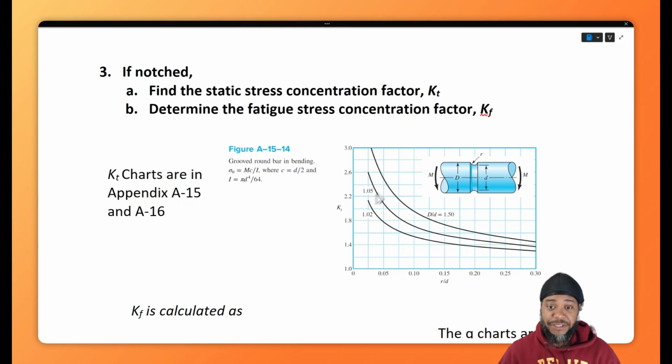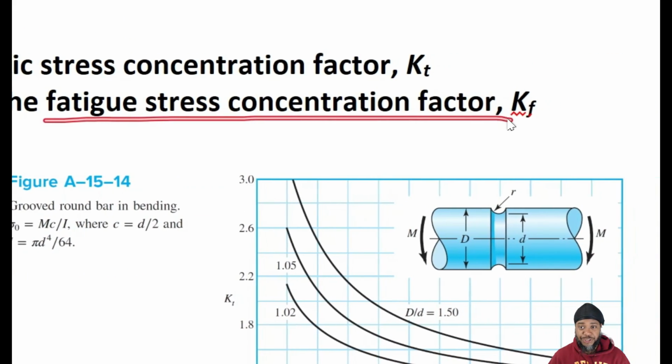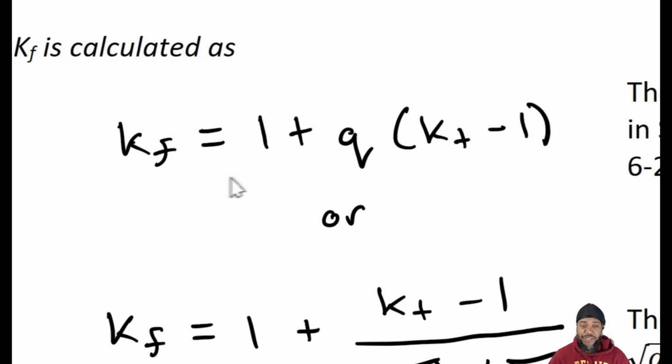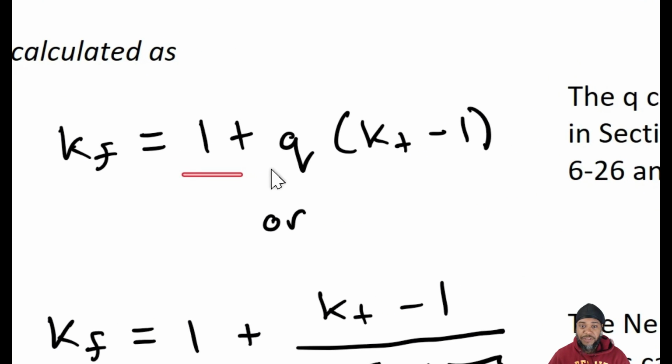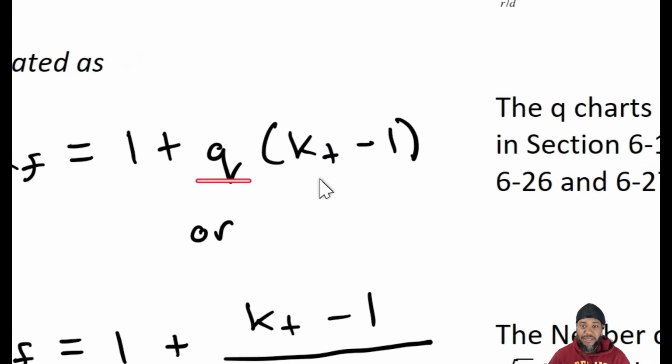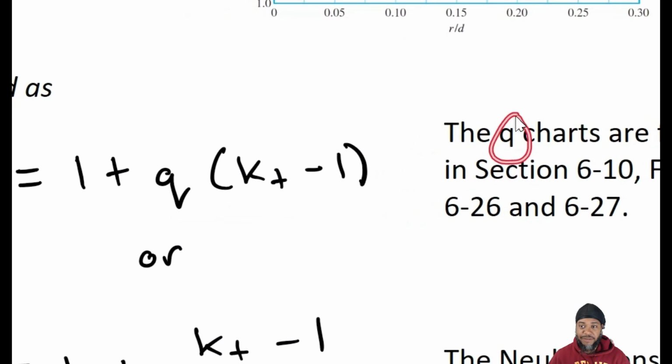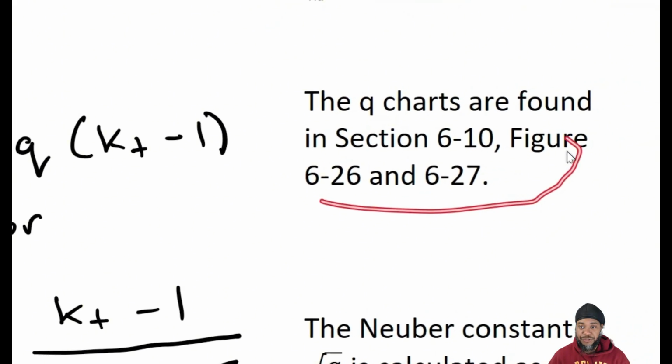Once we've got the K_T parameter, then we need to find the fatigue stress concentration factor, where K_F, our fatigue factor, is equal to 1 plus the notch sensitivity factor q times, in brackets, K_T minus 1. That notch sensitivity comes from another series of charts.